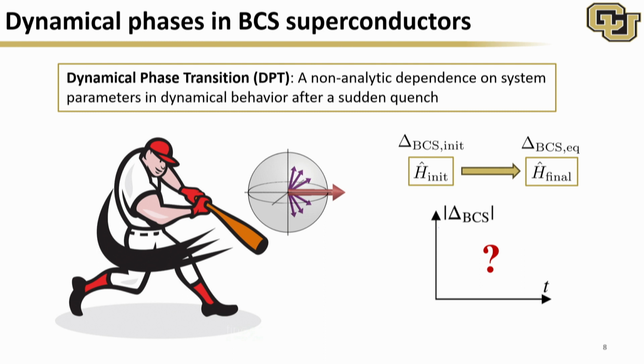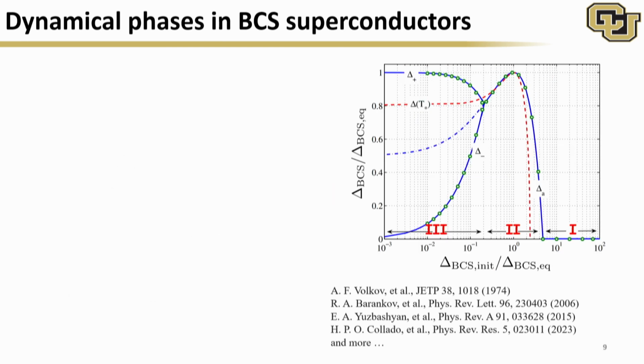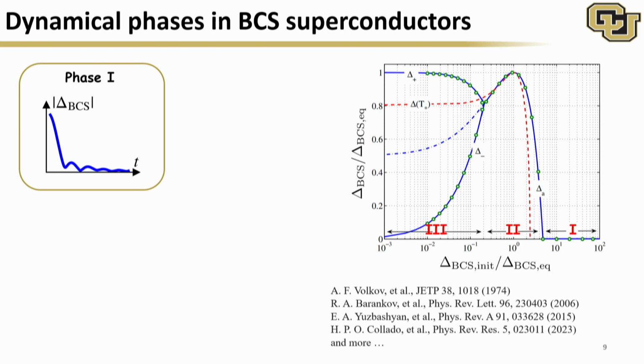We can see distinct dynamical behavior depending on how we quench the system. There are three types of dynamical phases we can find in this quench experiment, depending on the ratio between the initial BCS order parameter and the equilibrium value. The first, which we call phase 1, is where the BCS order parameter quickly decays to 0.